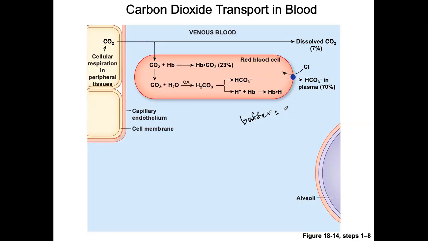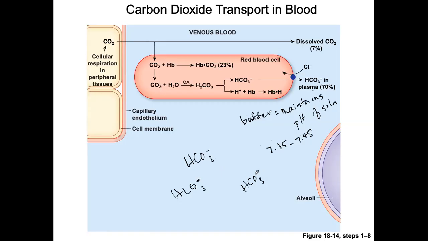All right, so the buffer maintains a pH, right? What is the pH of your blood? The pH of your blood is 7.35 to 7.45. All right, so bicarbonate ions are one buffer that we use to keep pH at 7.35 to 7.45.